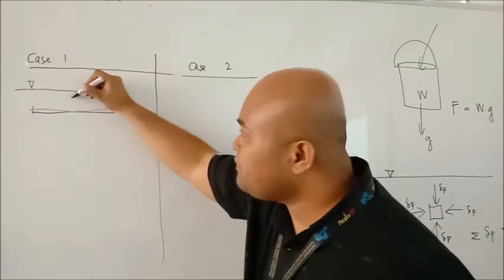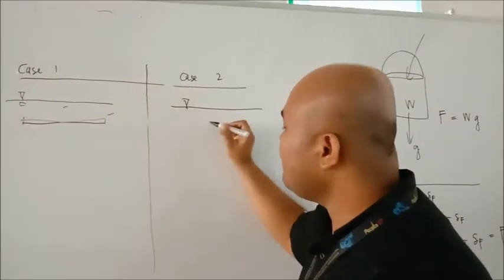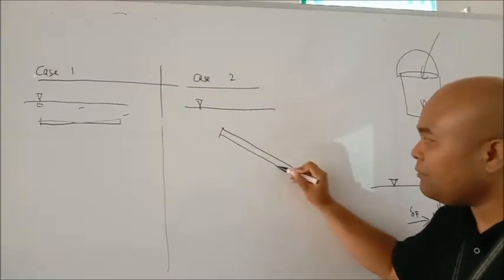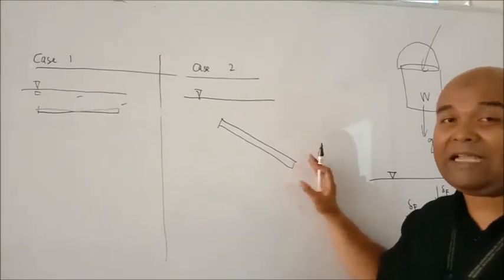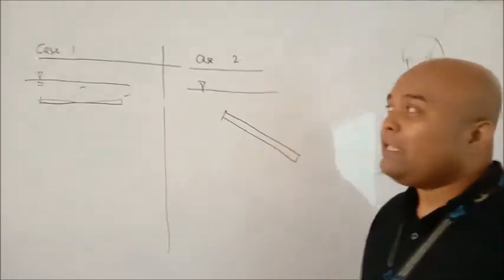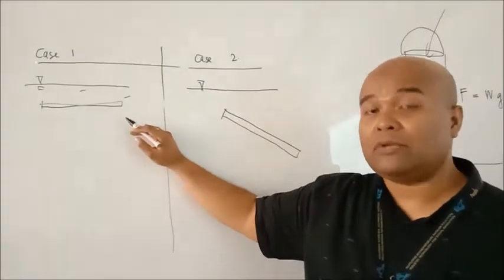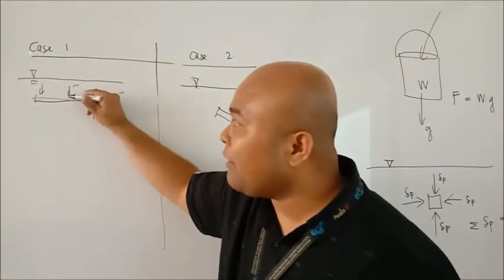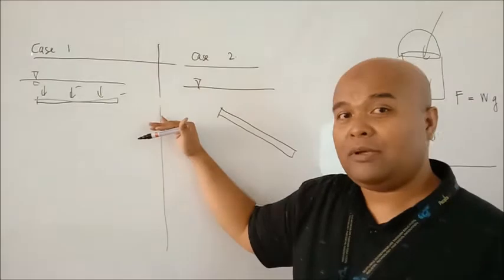Dan case 2 adalah bila objek berada dalam keadaan submerged in the form of inclination condition. Dia incline, condong. Bagi analisis daya yang melibatkan kes 1 ini adalah agak mudah sebab pressure adalah sama pada semua titik sepanjang objek tersebut. Alright?